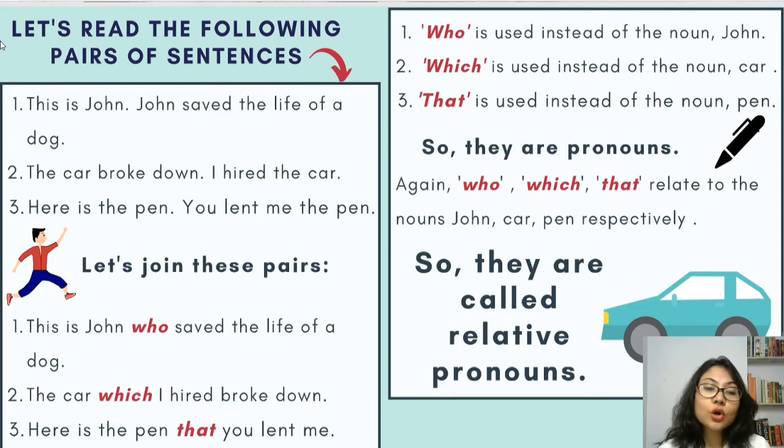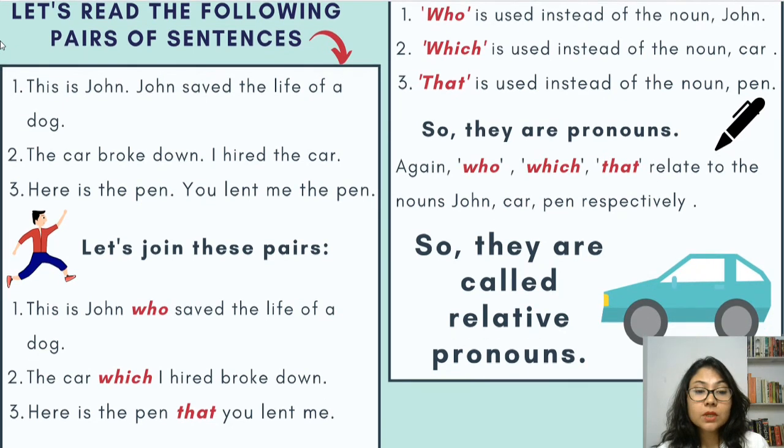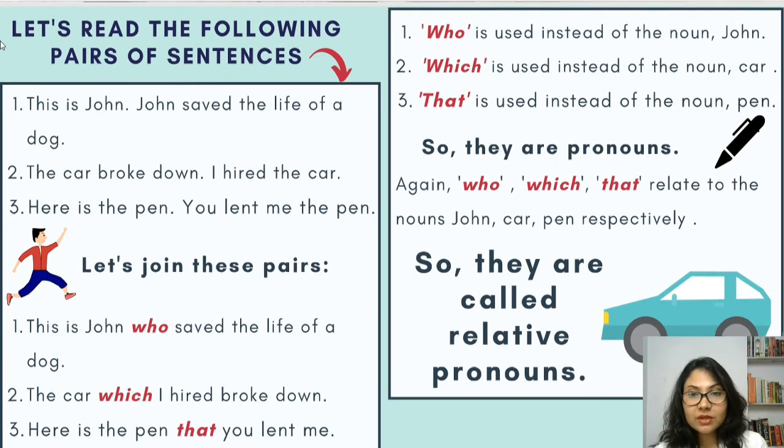Now let's join these pairs. This is John who saved the life of a dog. The car which I hired broke down. Here is the pen that you lent me. Now children, let's look at this next box.